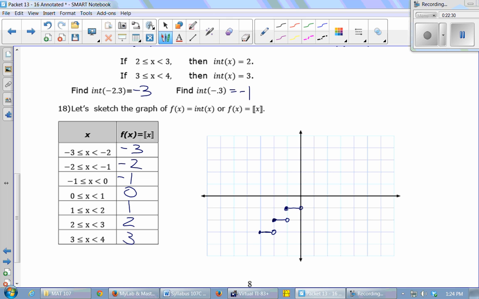Between 0 and 1, I get 0. Y is 0. And then I just keep building this staircase. So that's a picture of the greatest integer function. This is an example of something we call a step function. Okay.